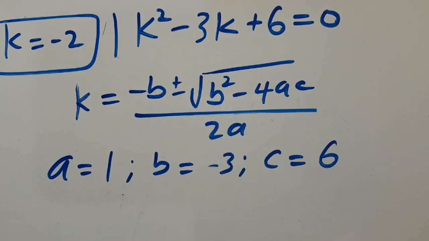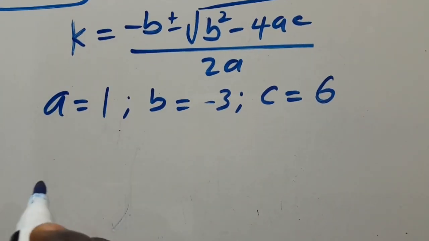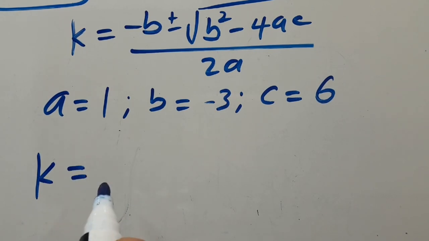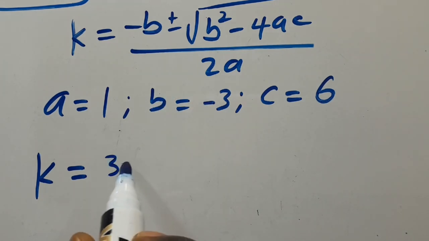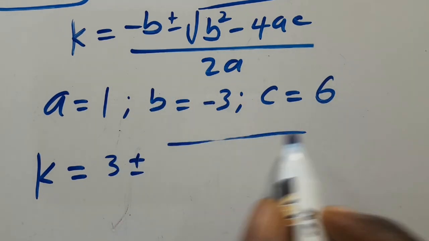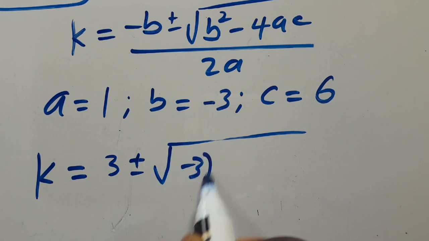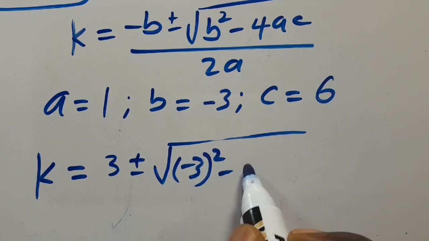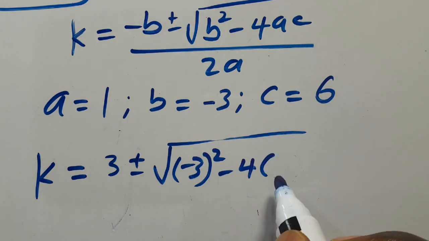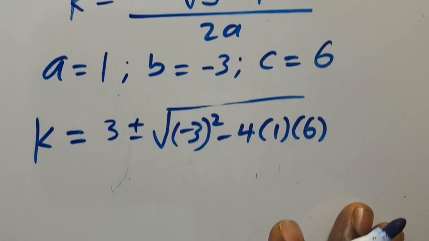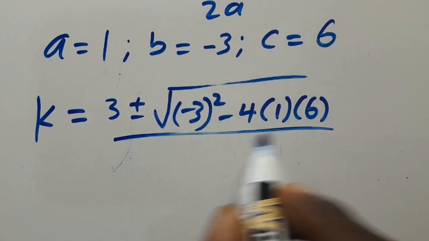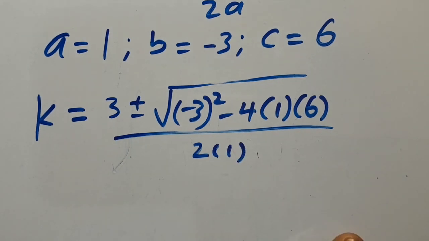Then when we substitute everything here, we are going to have k equals minus, already here will be 3, positive or negative, square root of minus 3, all in bracket to the power of 2, minus 4 into a is 1, c is 6, then divided by 2 times 1.